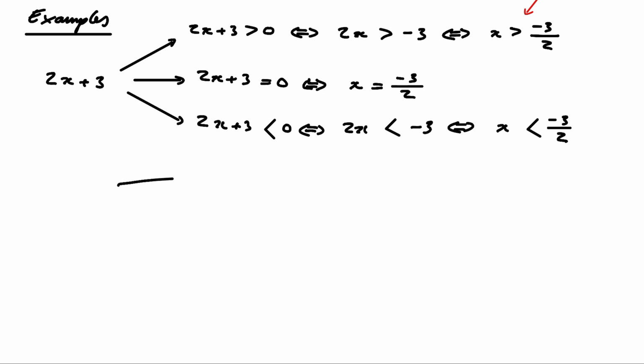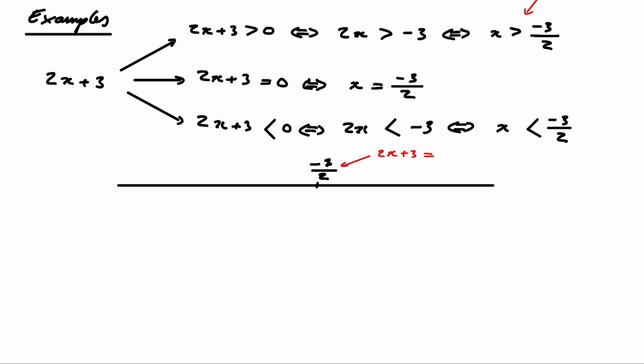So it makes sense to draw a number line and mark the position where it's 0. That seems sensible because it's an important point. At minus 3 over 2, that's exactly the position where my expression 2x plus 3 is equal to 0.